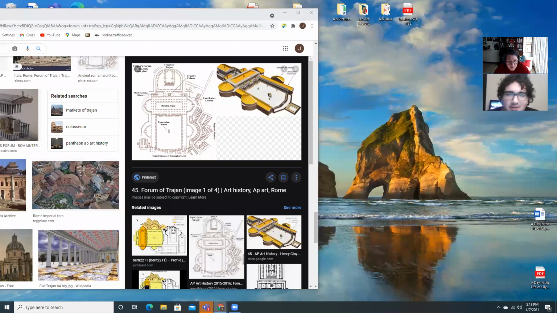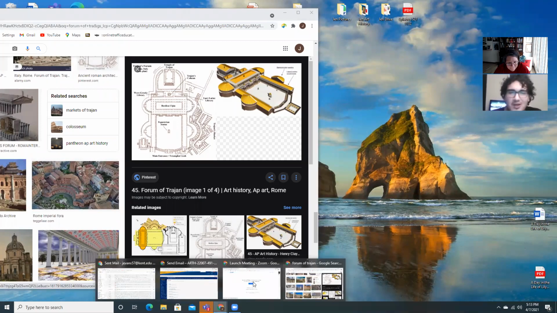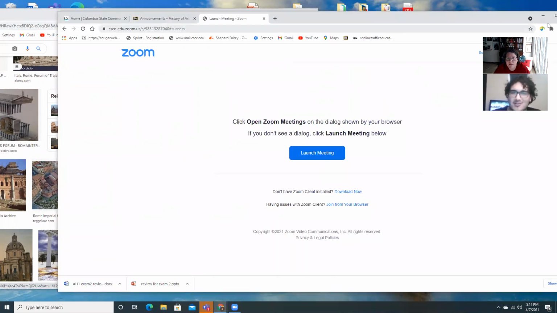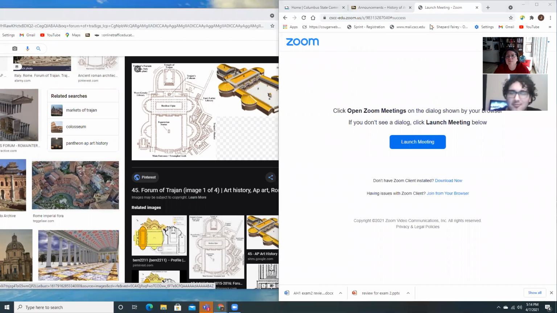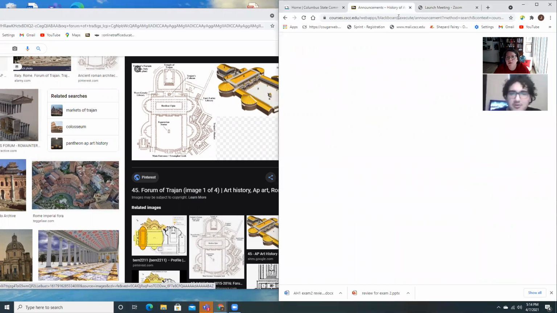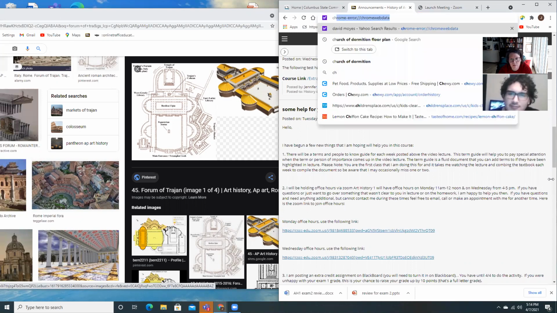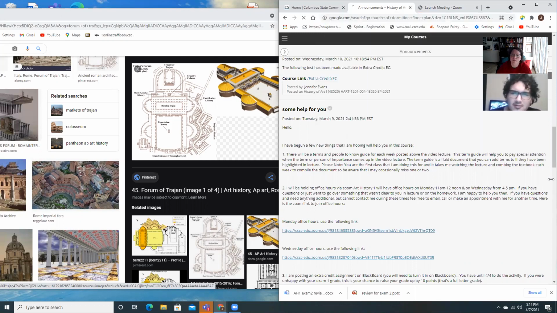Are we comparing it in terms of, oh, there's a nave here, and there isn't one here, and there are coffers, and there aren't coffers, or things like that? That's exactly what I want you to do. I think both of them have coffers, don't they?